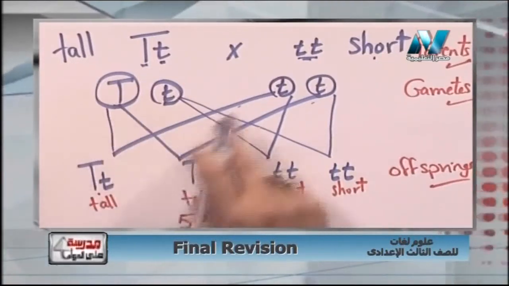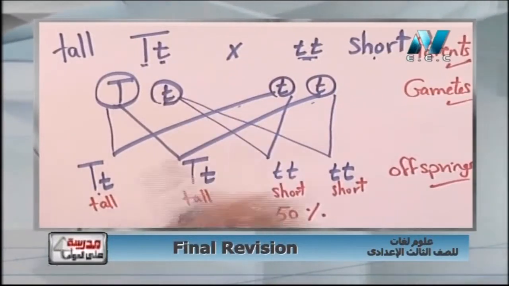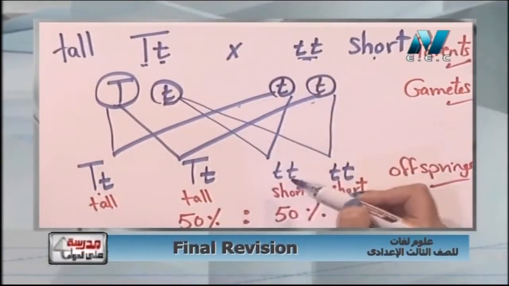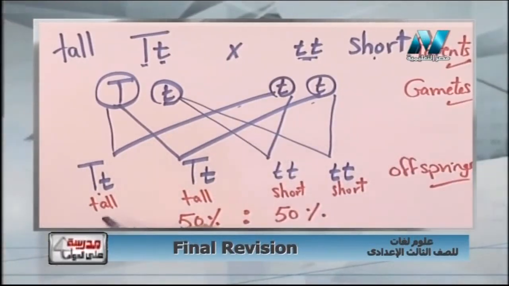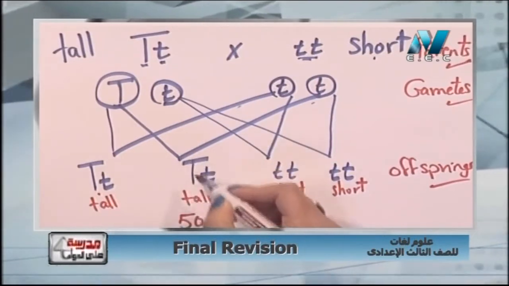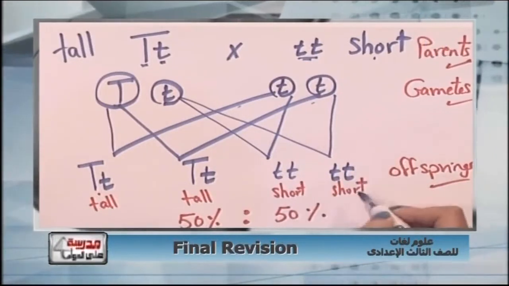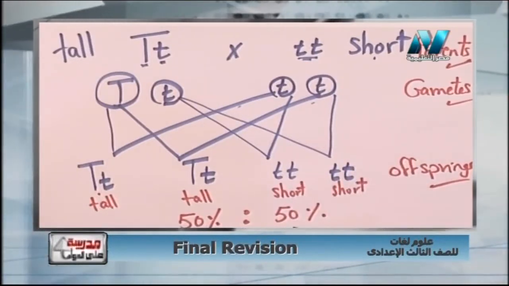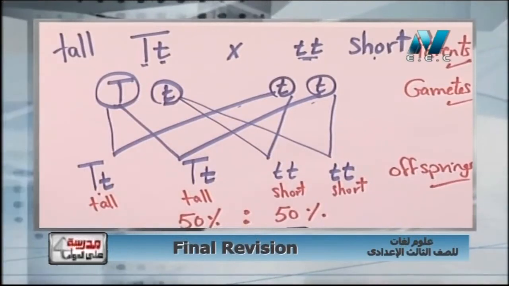Then gamete. Divide the parent: capital T, small t. This is the first parent. The second parent, small t and small t. This is the gamete. Now crossing to form the offspring. So we have capital T, small t, and this plant is tall. Capital T, small t is also tall hybrid, and this is short, with the ratio 50% to 50% tall and short, and this is the answer of this question.